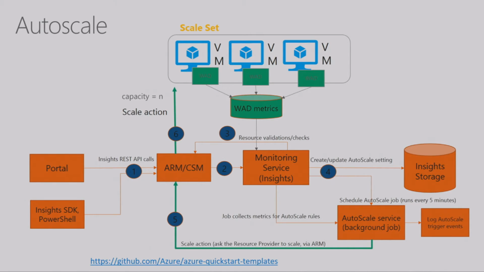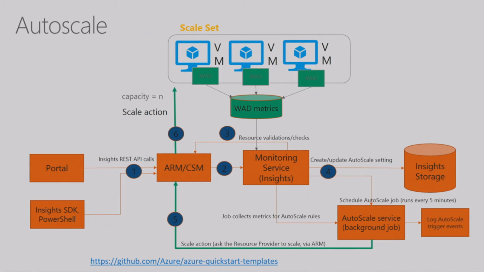And then there is this Autoscale service background job that runs every 5 minutes today that will read from that storage account, look at the rules you specified, and decide, based on that data in the storage account, do I need to scale out or scale in? And if it decides yes, it issues a call back to the scale set to change the capacity.